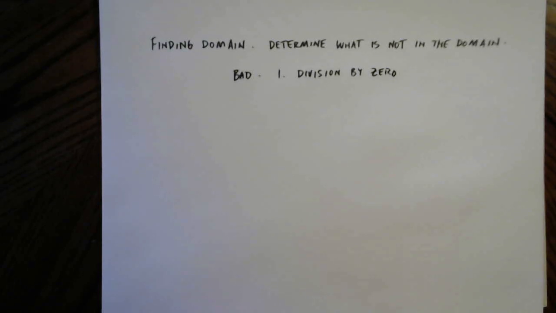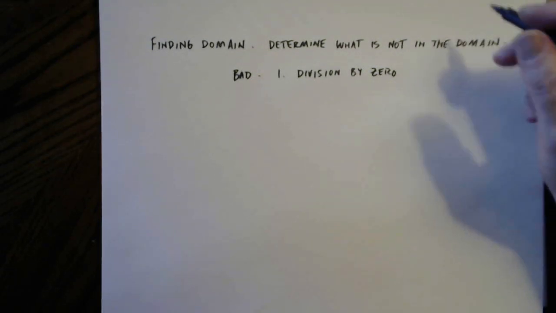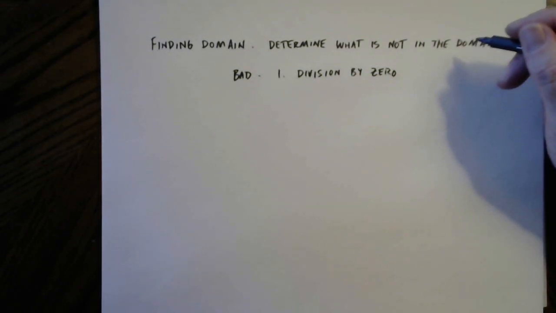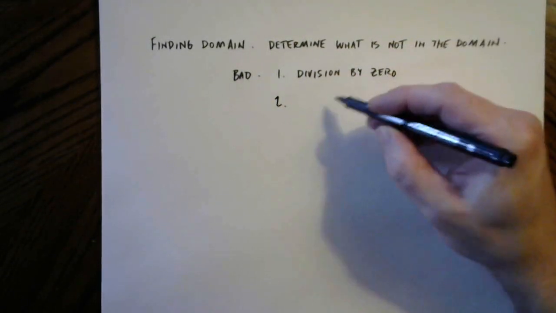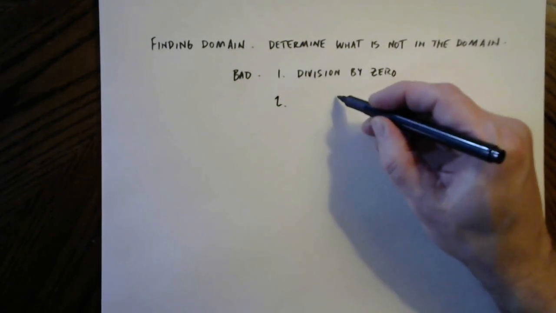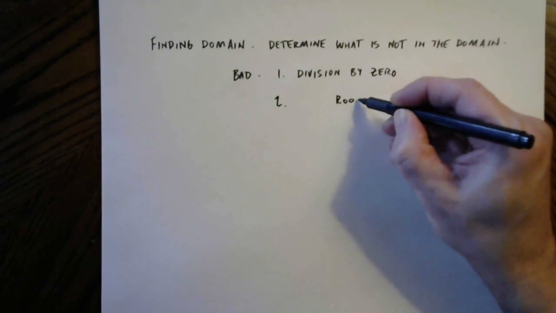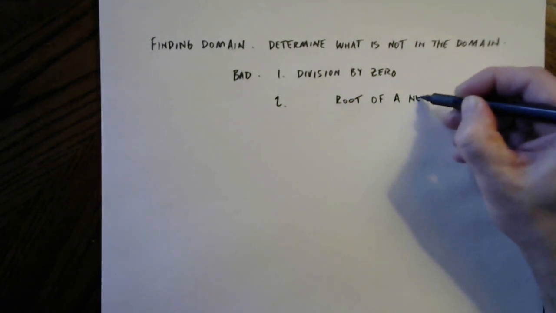If a number goes into a function and results in the potential of division by 0, which there is no potential because it's nonsensical, but if a number puts a 0 in the bottom, in the denominator, it's no good. And 2 is the root of a negative.